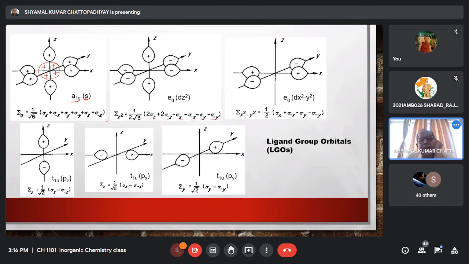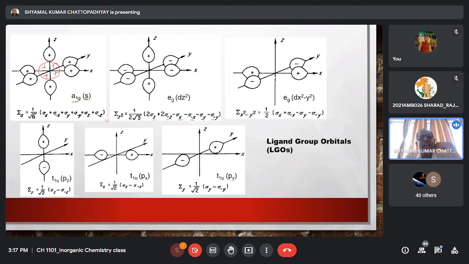So Z and minus Z have positive contribution, x, minus x, y, minus y all have negative contribution. And this lobe size is ideally half of this here.